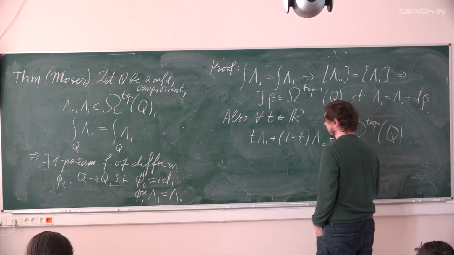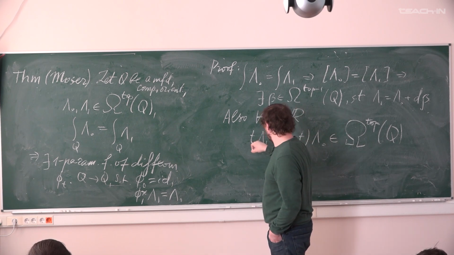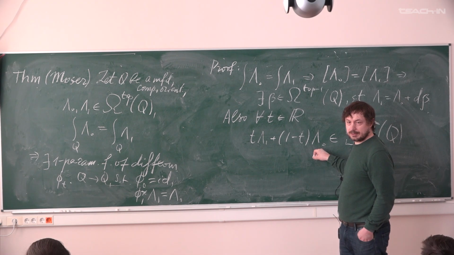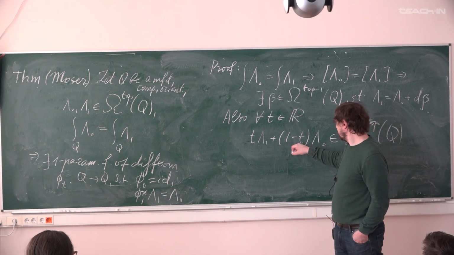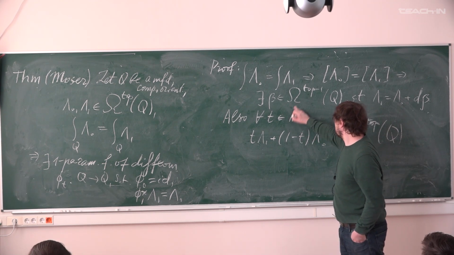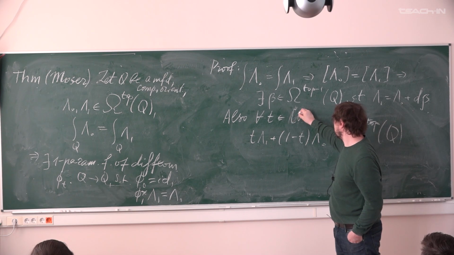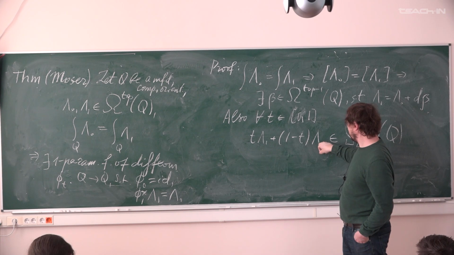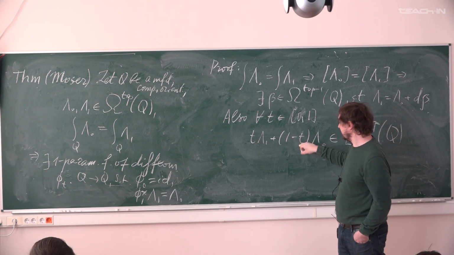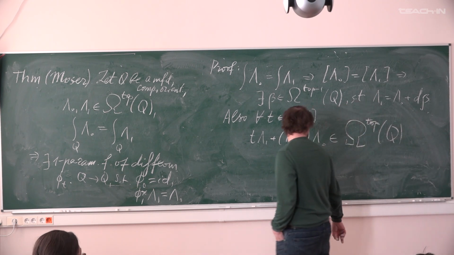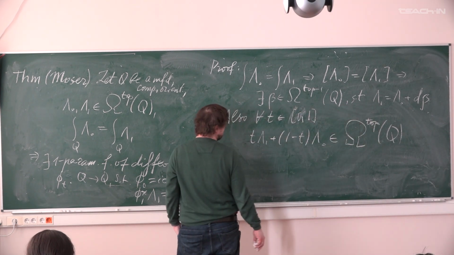But it will also be nowhere vanishing because they have the same sign, of course, right, in all coordinates. So let t be from 0 to 1, just to make sure. When you take two positive coefficients and multiply with some positive t and 1 minus t, you get something positive again, right? Yeah?